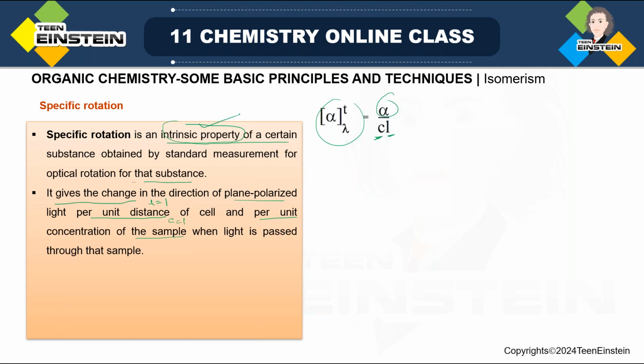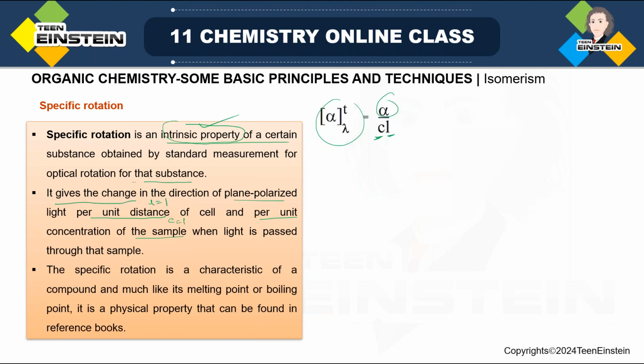So you can have a database of specific rotations of different chiral molecules. Specific rotation is characteristic of a compound. To get an idea about the characteristics of a particular compound, specific rotation is the important component, not optical rotation, because optical rotation is dependent on so many things.